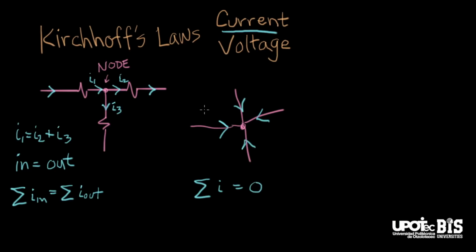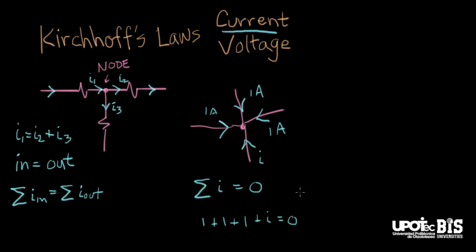Let's work out how that works. Let's say this is 1 amp, and this is 1 amp, and this is 1 amp. And the question is, what is this one? What's that current there? If I use Kirchhoff's current law expressed this way, it says that 1 plus 1 plus 1 plus I, whatever this I here, has to equal 0.